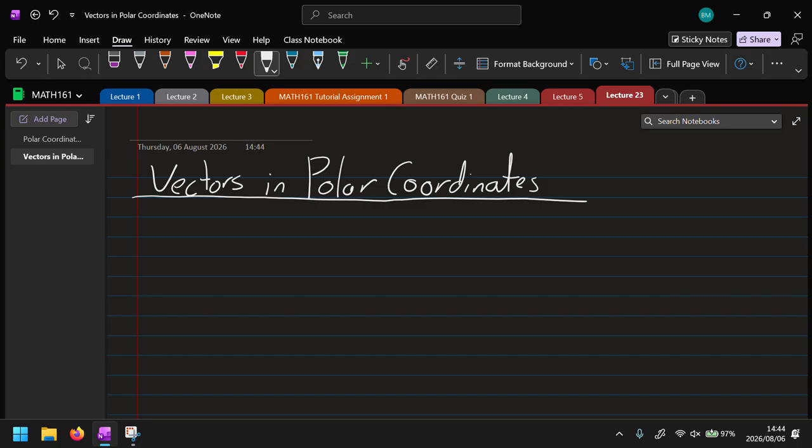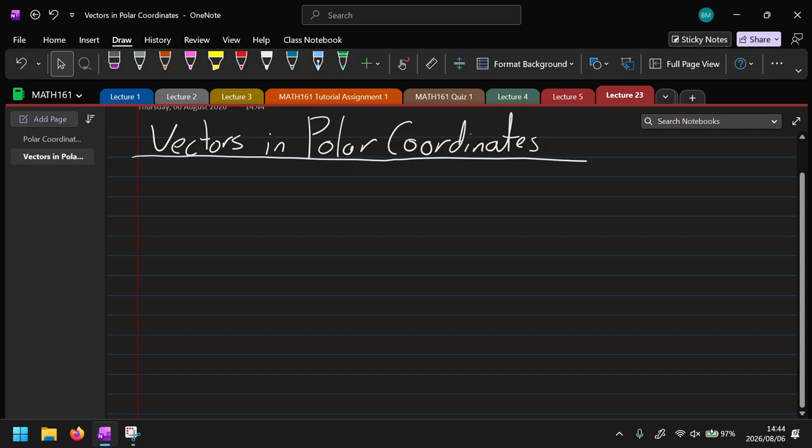So what we're going to do now is convert all of the stuff you did in physics with Cartesian coordinates over to polar coordinates. First, a quick recap on vectors, unit vectors, and so on in Cartesian. You should know all of that already. And then we're going to convert it over to polar coordinates.